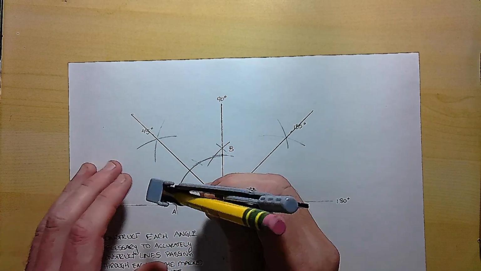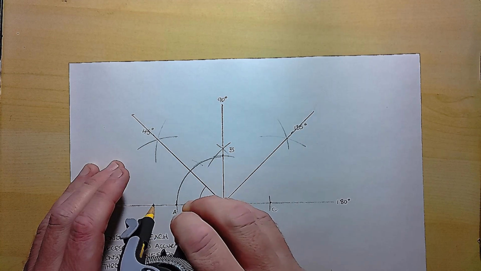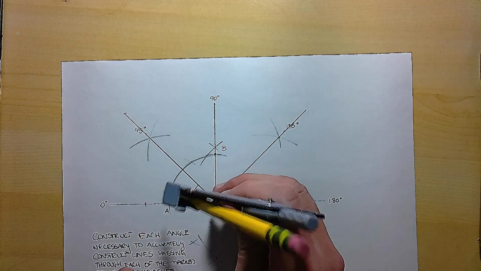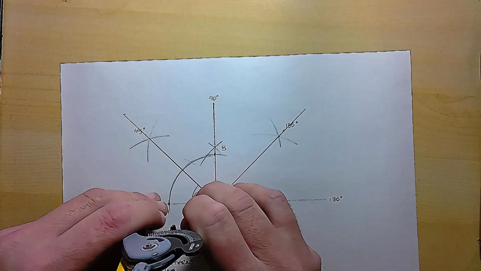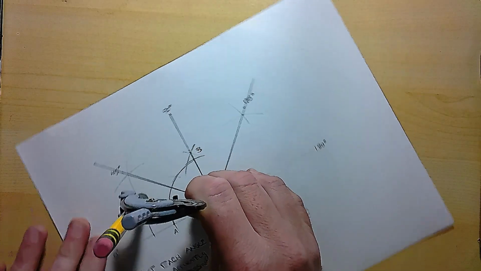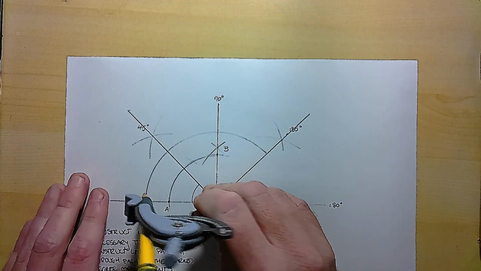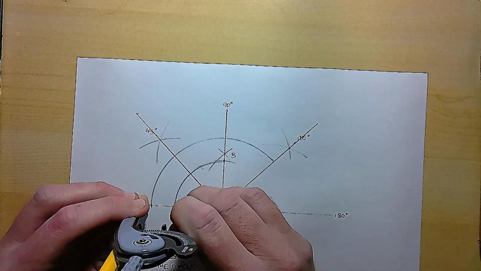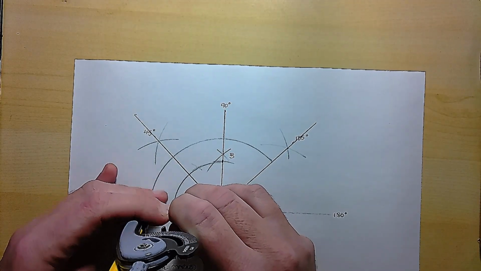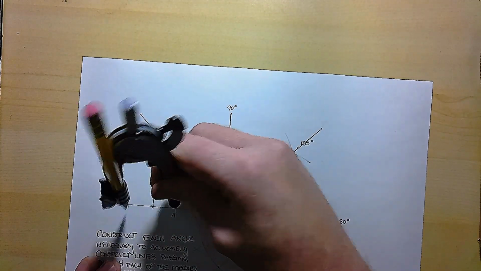And now, because I already know that distance here, that should be all equal. I'm going to make another one from here that does the 135 degrees. And lastly, same idea. If I know this distance and I want to get another set, I'll do that.